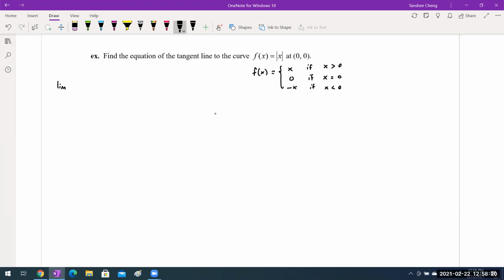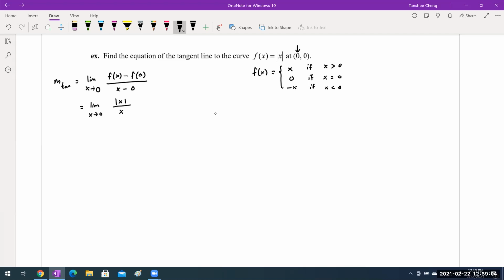And we want to find the limit as the slope of the tangent line, that is the limit as x approaches my point a, which is 0, of f of x minus f of a all over x minus a. So that is basically the limit as x approaches 0 of absolute value of x over x, because f of 0 is still 0.